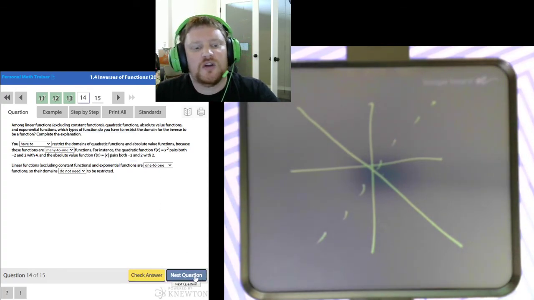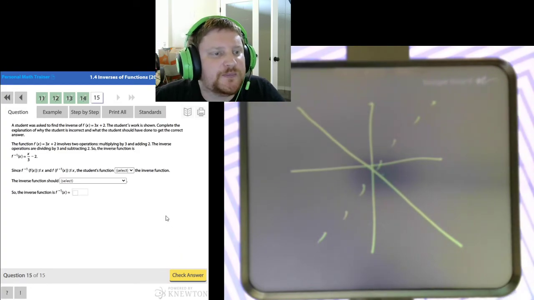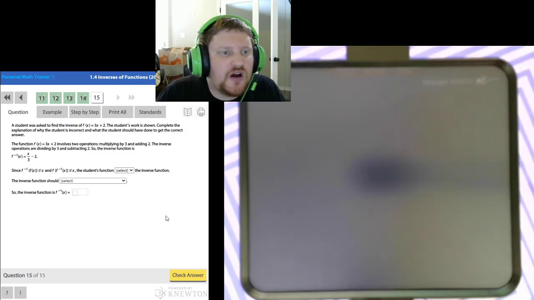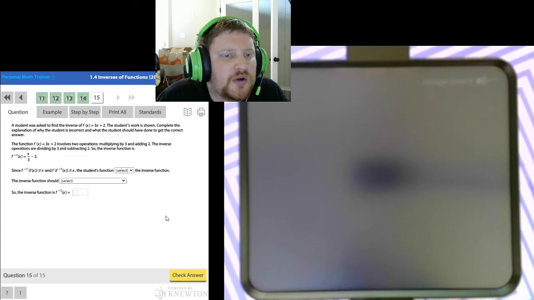And final question, number 15. A student was asked to find the inverse of f of x equals 3x plus 2. The student's work is shown. Complete the explanation of why the student is incorrect and what the student should have done to get the correct answer. The function f of x equals 3x plus 2 involves two operations, multiplying by 3 and adding 2.